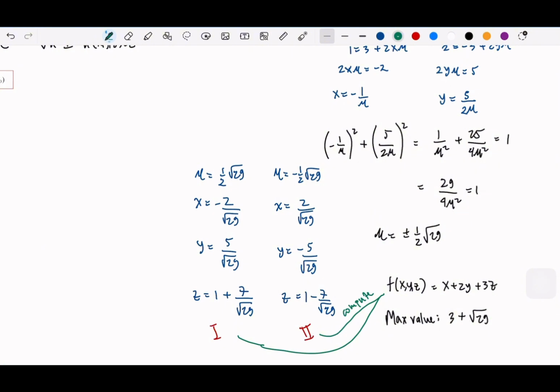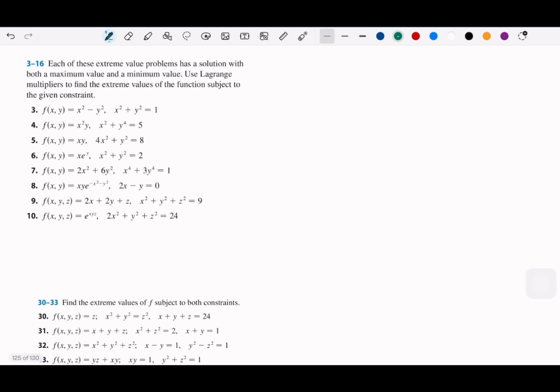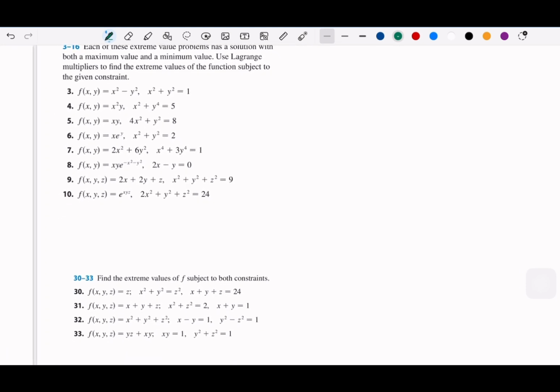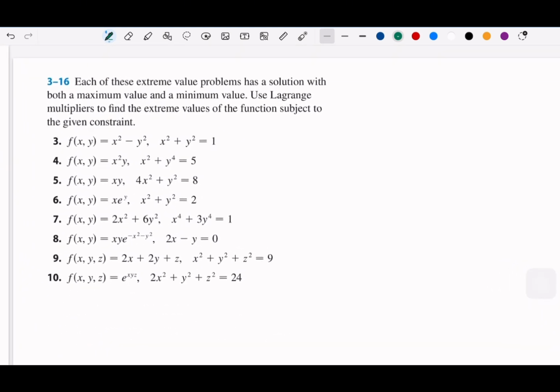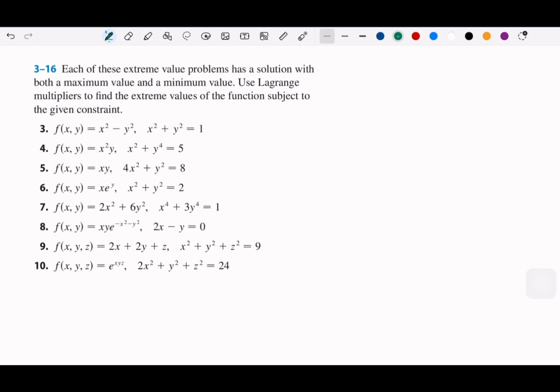Okay, let's move to some exercises. I'm preparing, I think, just two kinds of questions. So let's try, maybe number 7. Number 7.